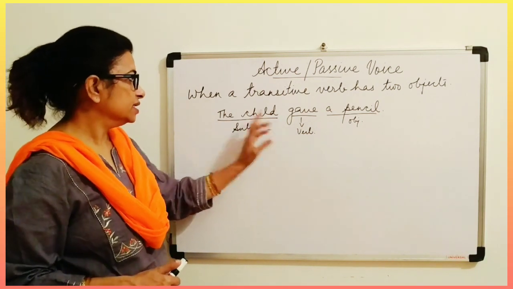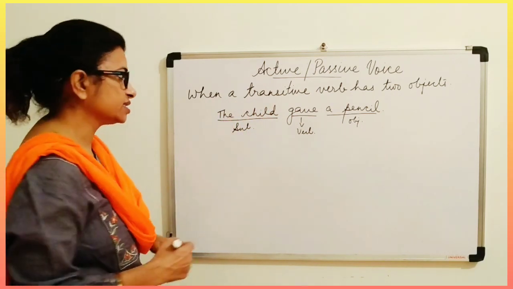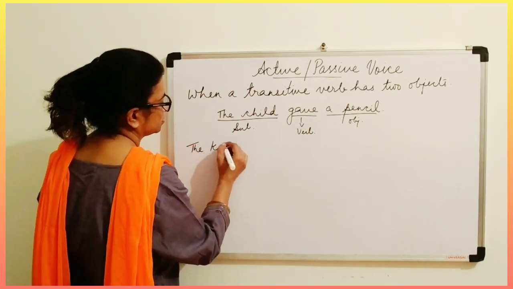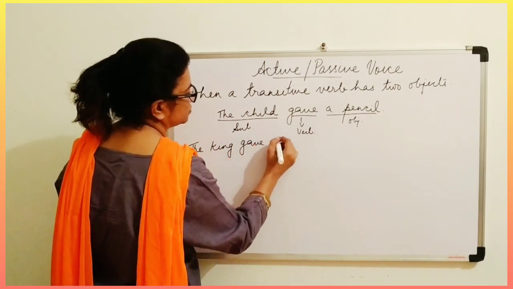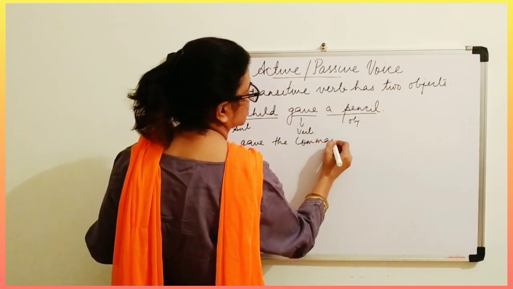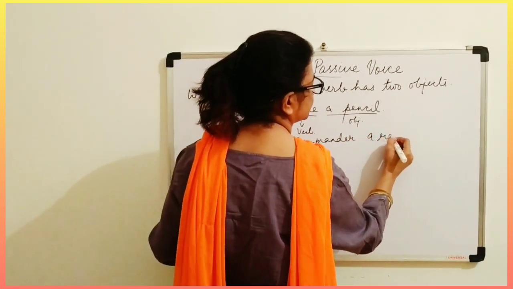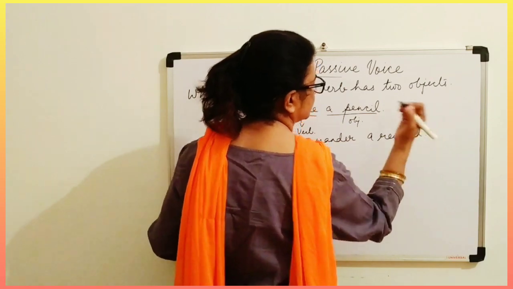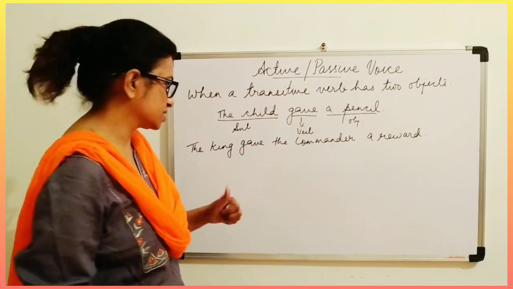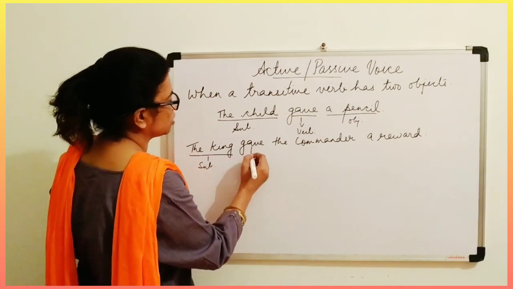Now suppose a transitive verb has got two objects. So for example, the king gave the commander a reward. Now here in this sentence, you will find that there are two objects. This is your subject. This is your verb.